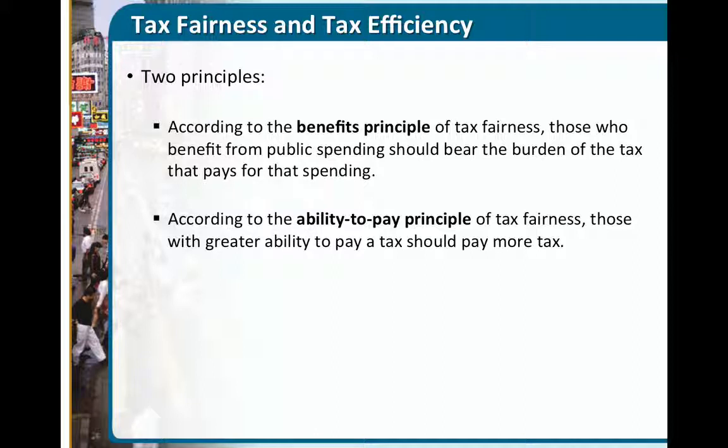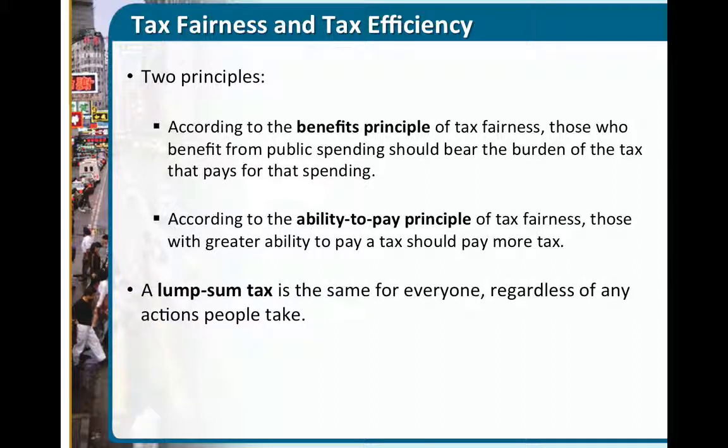And then there's the ability to pay principle of tax fairness. Those with the greater ability to pay a tax should pay more tax, and this is where we get into progressive taxes. A lump sum tax is one that's the same for everyone, and that's an efficient tax, but it's not quite as fair.